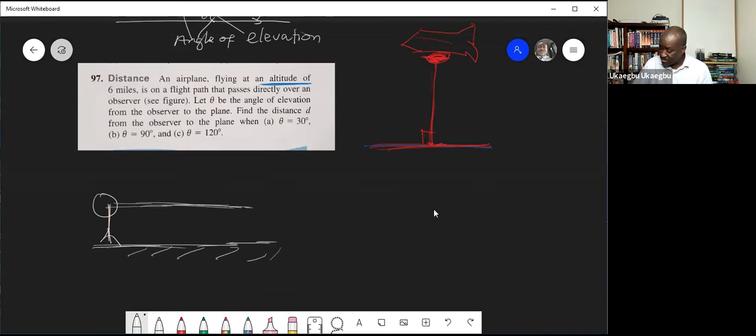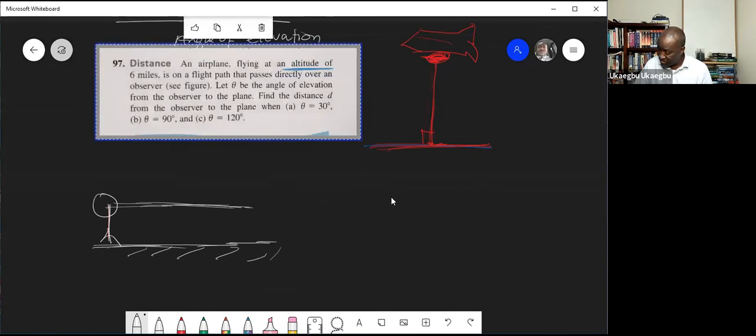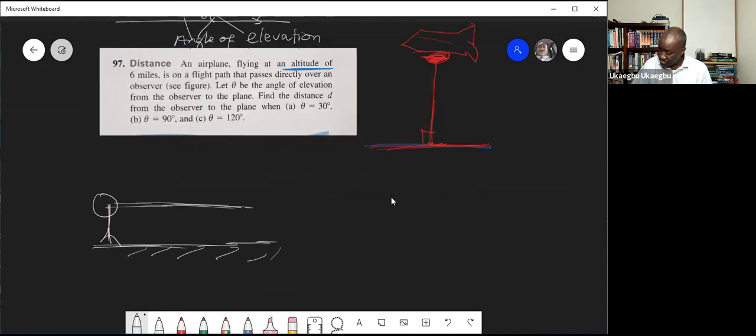But the plane cannot fly in the person's view, so the plane has to fly on top. So the plane is flying somewhere here, at an altitude of 6 miles right here. And it says when he looks at that plane, he makes an angle of 30 degrees.